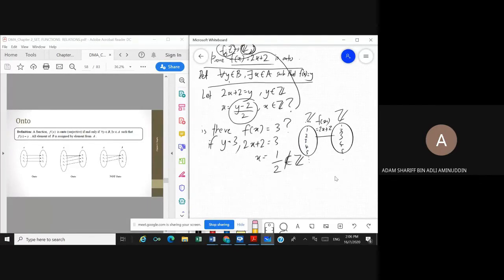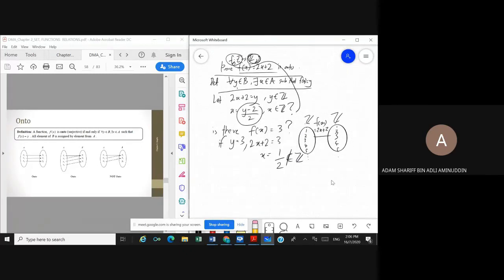So as my conclusion right now, this is what I want to write nicely. Sekejap saya tulis balik. Okay, this may be much more clear. f(x) = y, right? Ini dia. Let's say f(x) = y, this y equals 3.